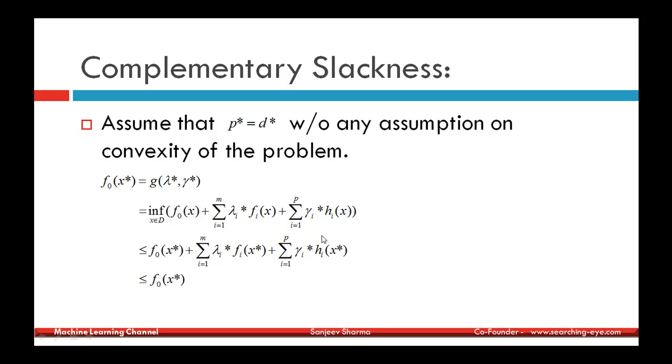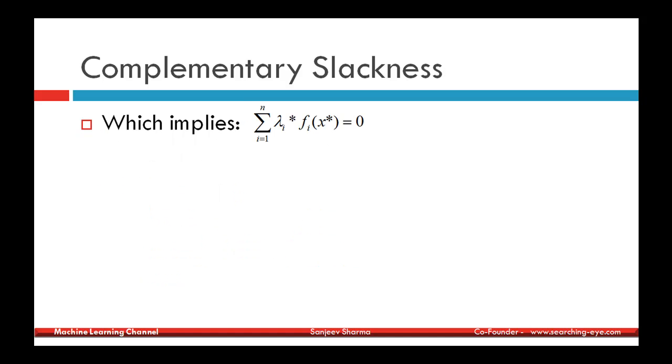And since x star is a feasible point, this expression is 0, and this expression is less than or equal to 0, since fi of x star is less than or equal to 0 and lambda is greater than or equal to 0, which states that f naught of x star is less than or equal to f naught of x star, which implies that the sum over i from 1 to m of lambda i star times fi of x star is equal to 0.